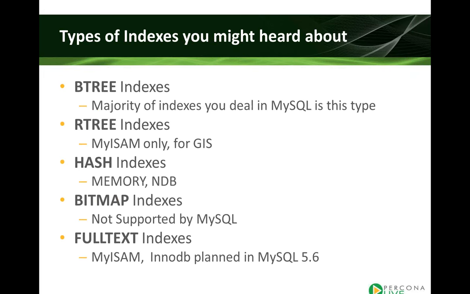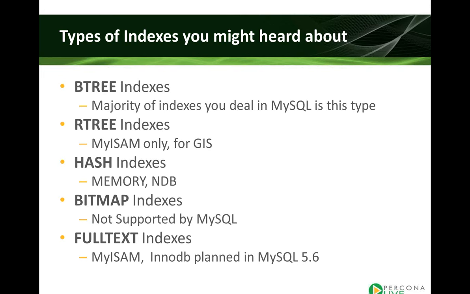You may have heard about the different types of indexes, and I mentioned some on this slide. The majority of the indexes you'll be dealing with in MySQL are B+Tree indexes. And this is the type of indexes I'm going to talk about in the course of this presentation. There are also R-tree indexes which are used for working with geographical data in MyISAM, hash indexes which exist in MySQL in tables like memory and NDB storage engines.